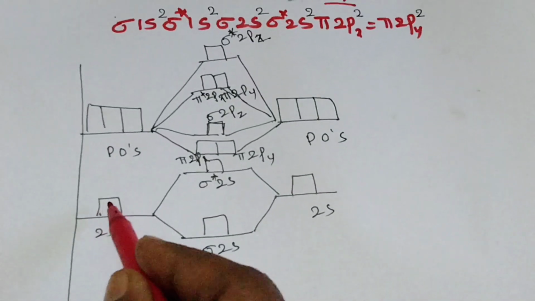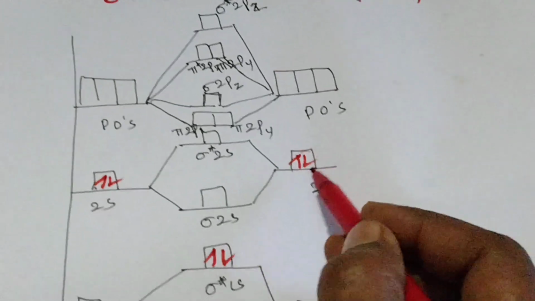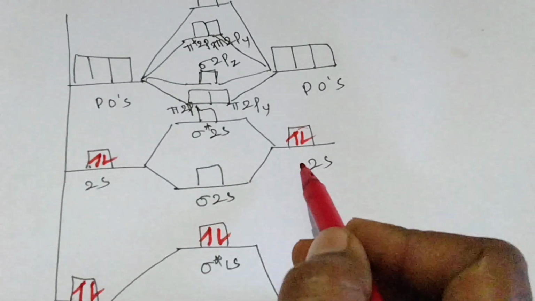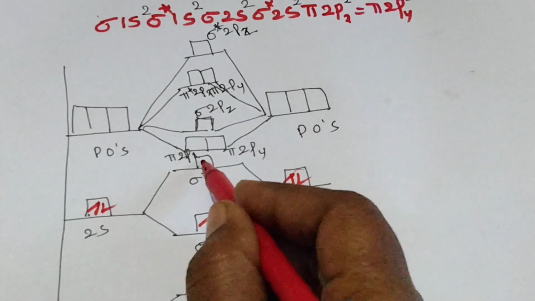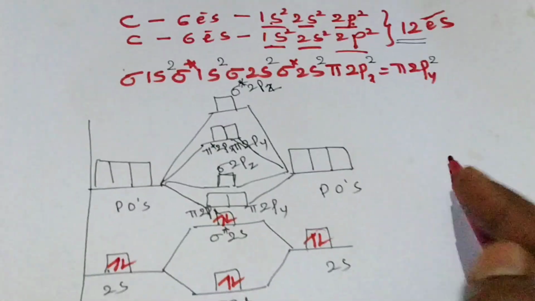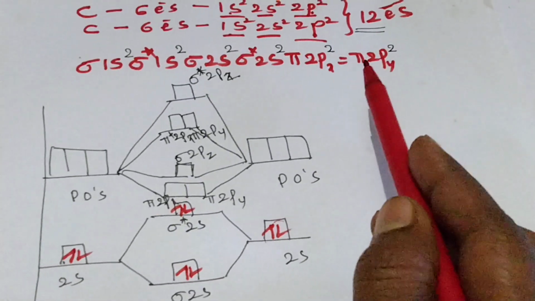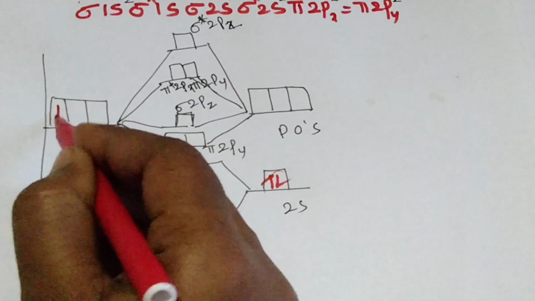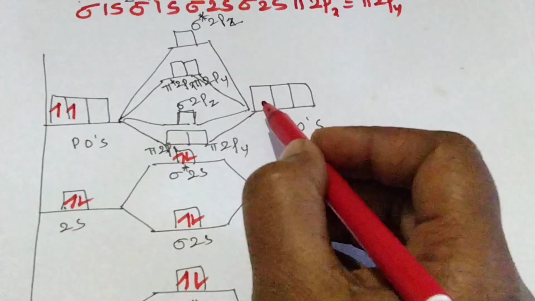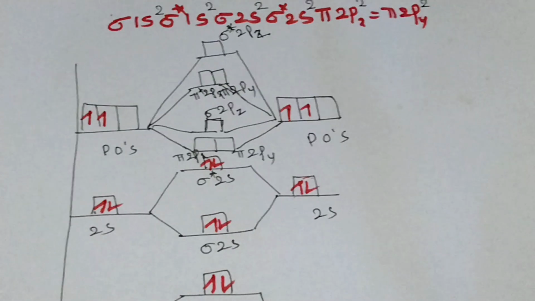Now in the 2s we have 2 electrons. In the 2s atomic orbitals, total 4 electrons, right? So here 2 and here 2. Okay, then go for the p orbitals. There are total 4 electrons. Here 2 and in another atomic orbital we have to take the 2 electrons.